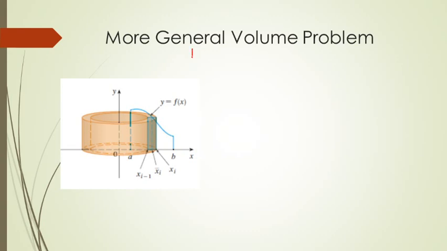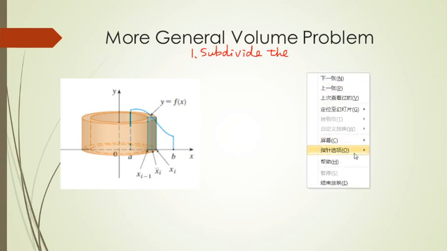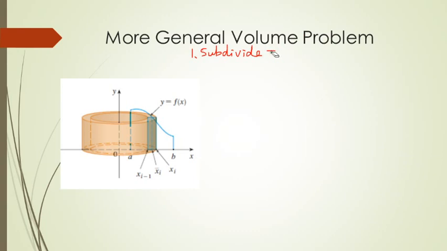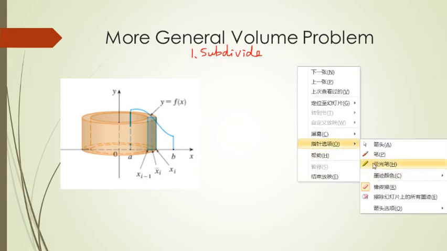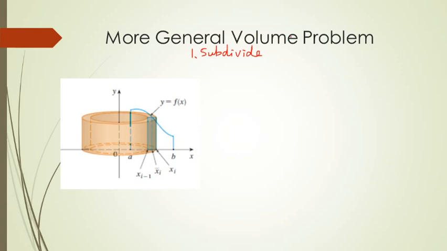Okay, so number one, subdivide the closed interval [a, b] into n subintervals, and we can form those subintervals, right?